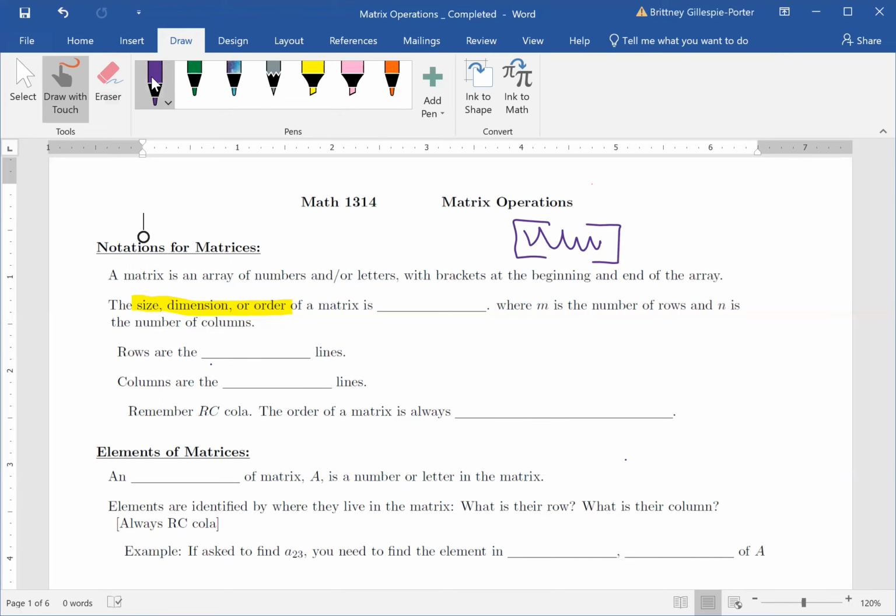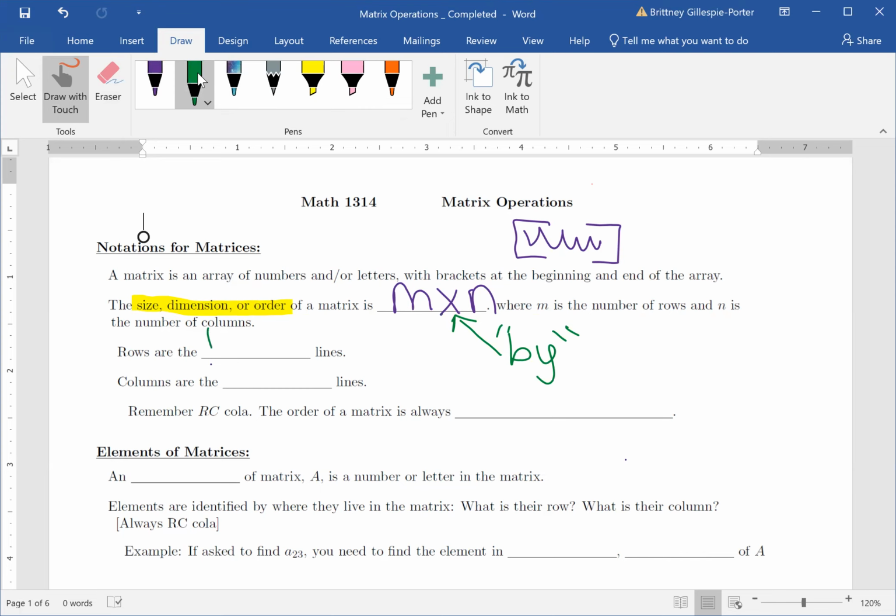We need a matrix that is M by N, where M is the number of rows and N is the number of columns. Okay, this here is "by". It's going back to the X as a multiplication, but it's read "by".